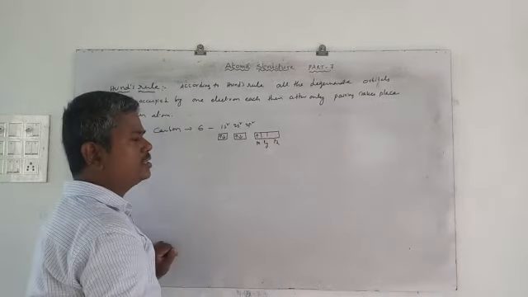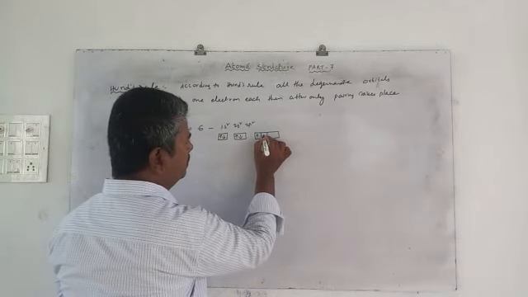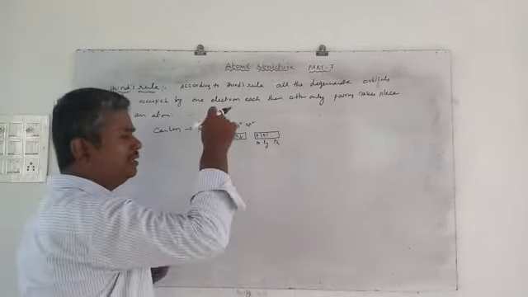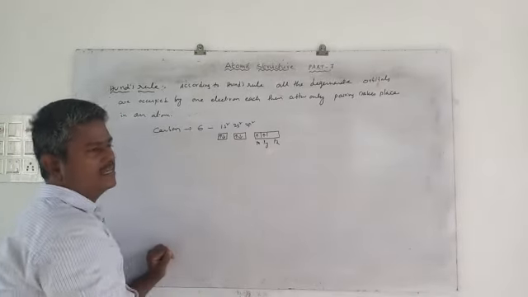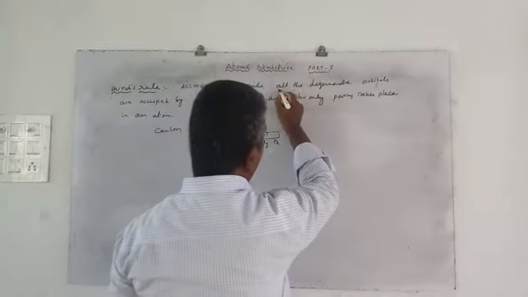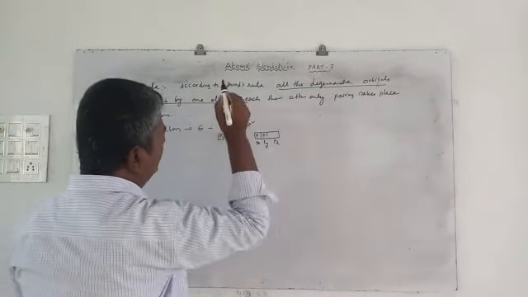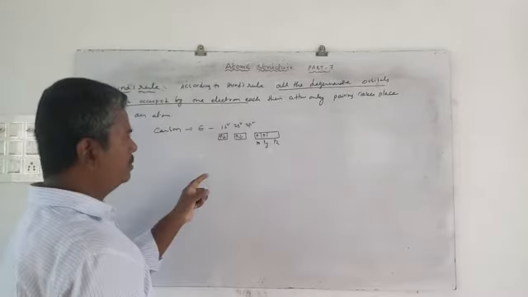The 2 electrons are distributed. One electron is in px and another electron in py, but not paired in px, because as per Hund's rule, all the degenerate orbitals are occupied by one electron each first.